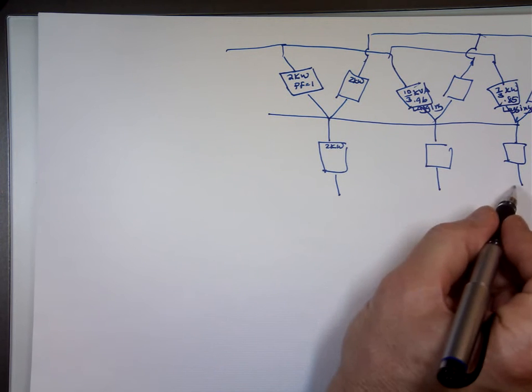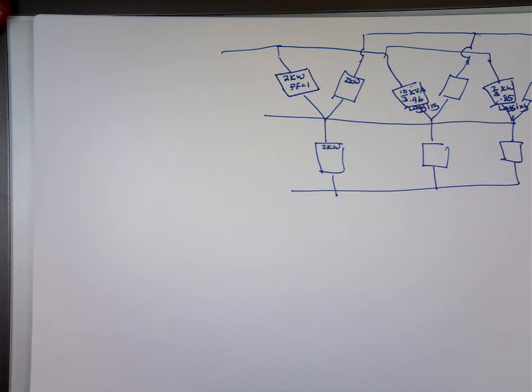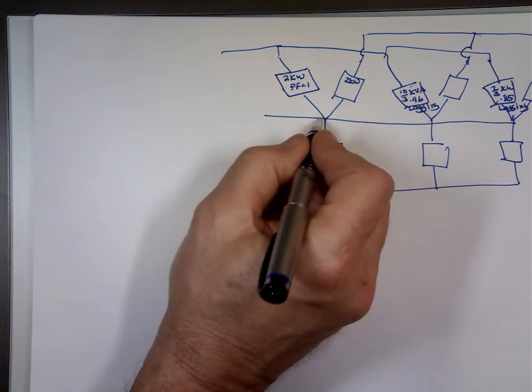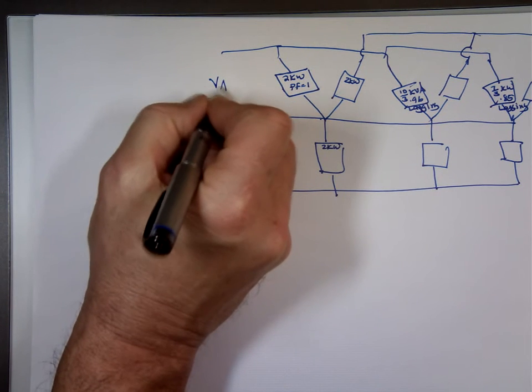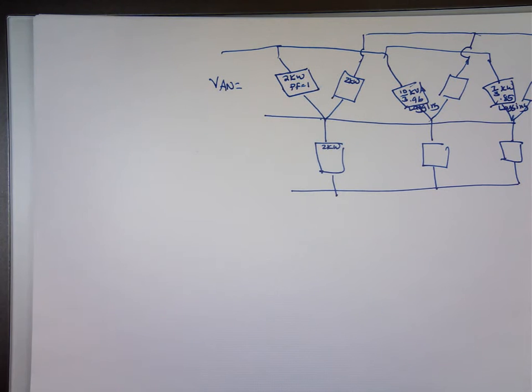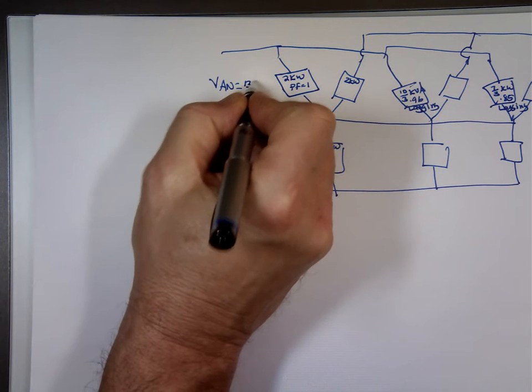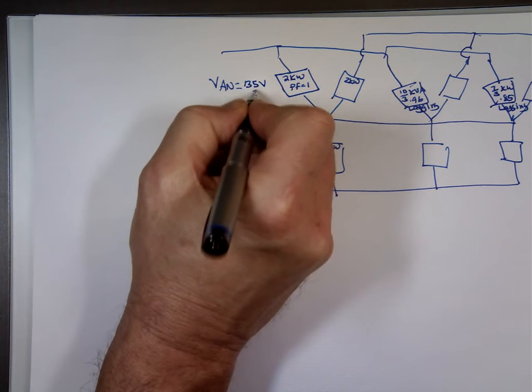And these ends connected together. The voltage between A and N at the load, that's why I'm using capital letters here, is 135 volts RMS.